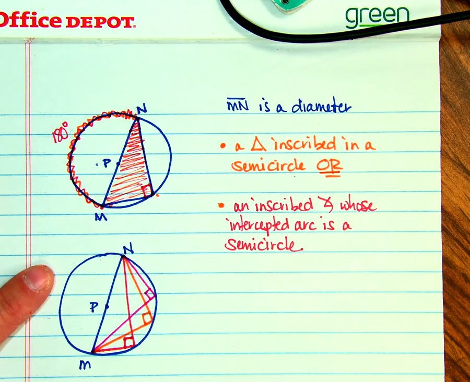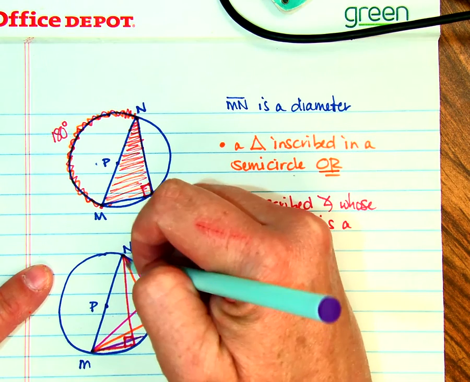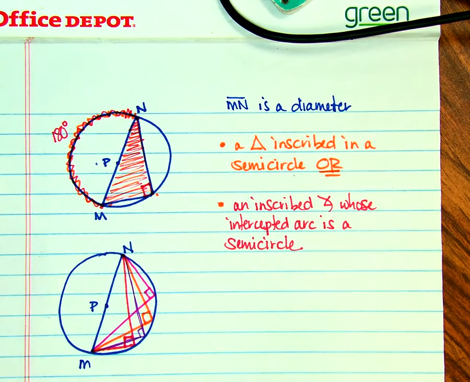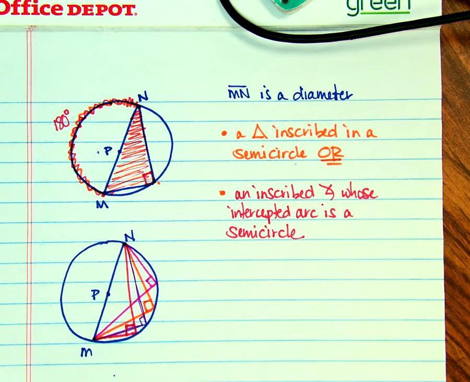That would be a right angle. Any other colors? Because they have the same intercepted arc. Okay, so going off of that, I'm just going to do one example.